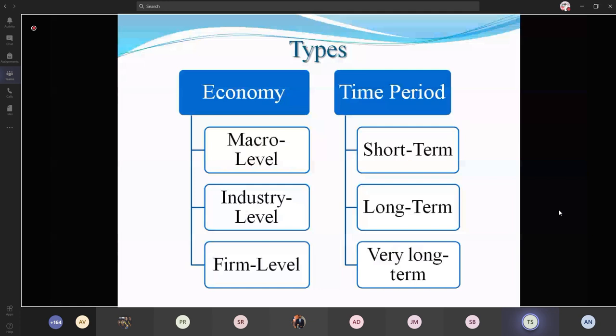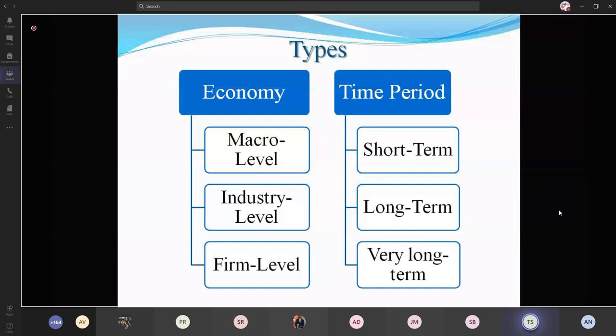If you are taking a particular product's demand forecasting, that product's world production can be taken into account. So all the things can come under demand forecasting. And second one is the industry level, that is, that particular product's industry, mobile industry, car industry, like this. And the last level is the firm level, for a single unit, based on the area or based on the industries or based on the brands.